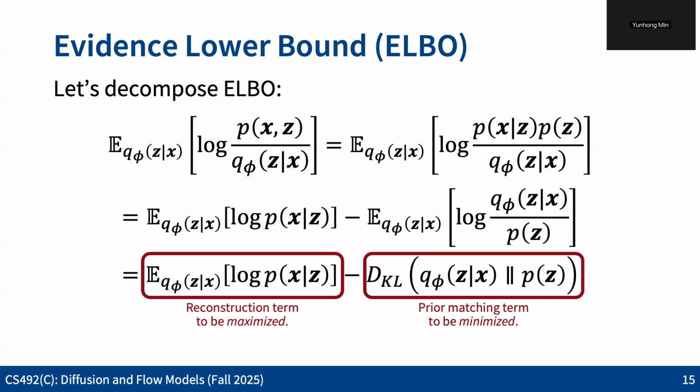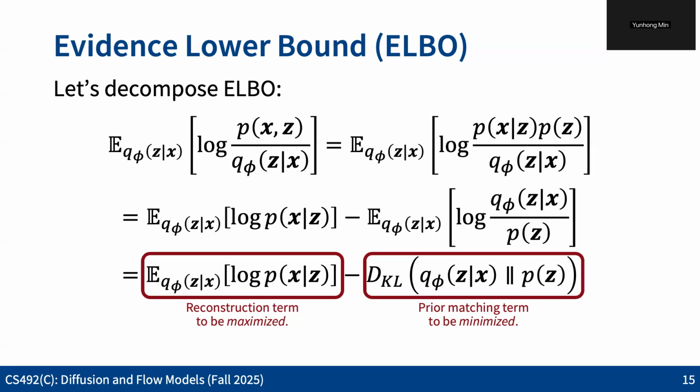So the meaning of this is that maximizing the ELBO means that we are finding a variational posterior distribution while making it as close to the standard Gaussian distribution as possible. Make sense?